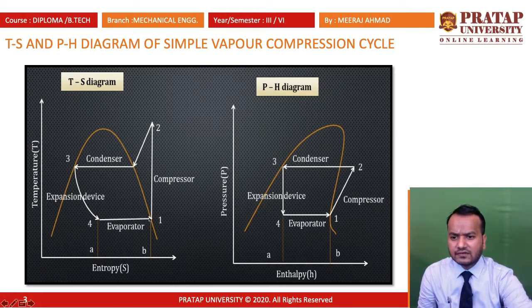We already said that in the simple VC cycle, the saturated vapor enters the compressor, and in the compressor an isentropic process is done on the refrigerant. So the entropy is constant in the compressor, between inlet and outlet, points 1 and 2.